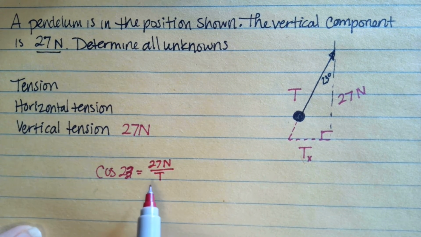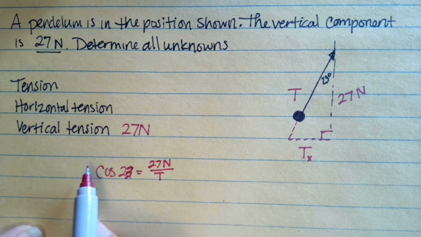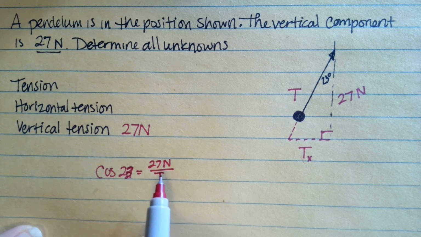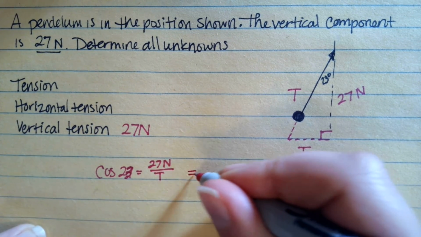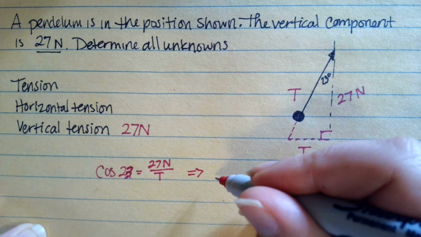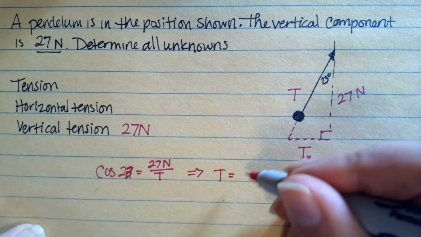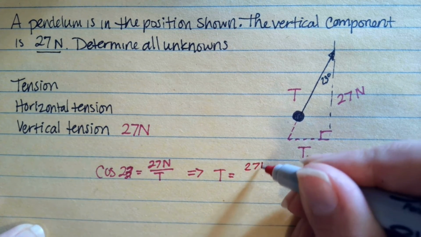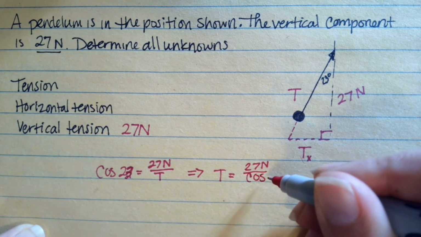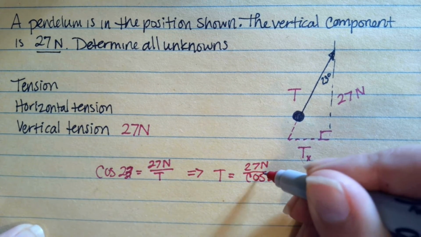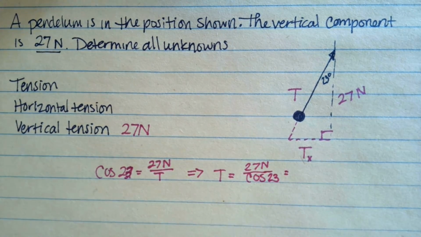If we arrange this one, we actually have to multiply the T over to this side and then divide out the cosine of 23. So this will become T is equal to 27 newtons divided by cosine of 23. That's how we would get our answer for the tension in this case.